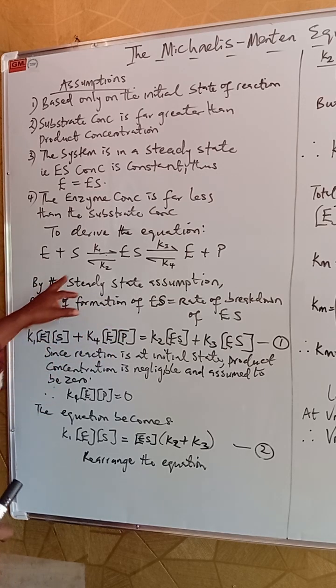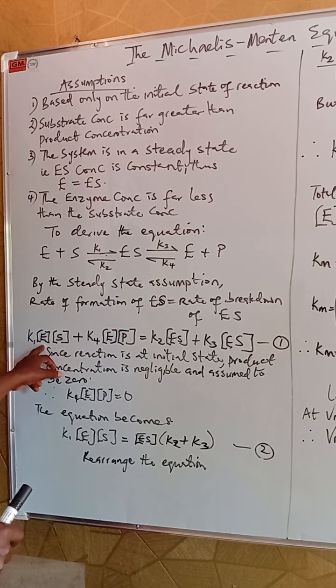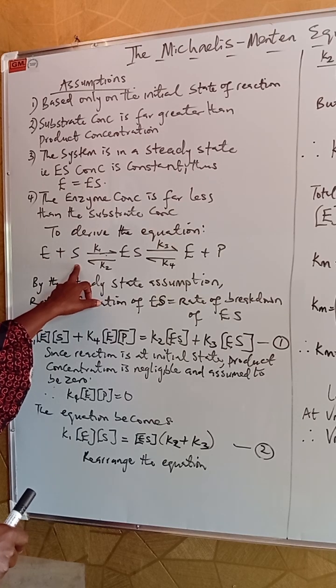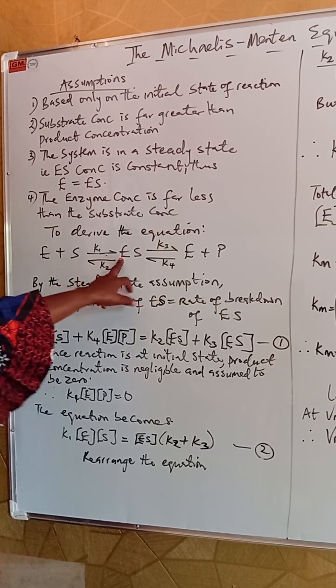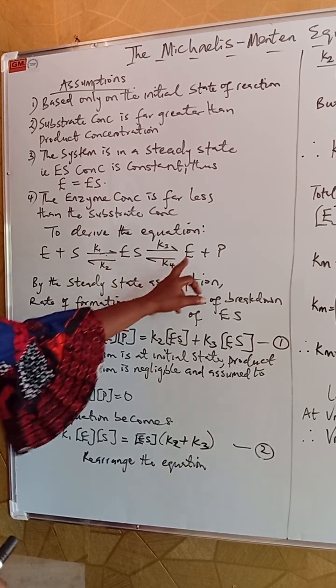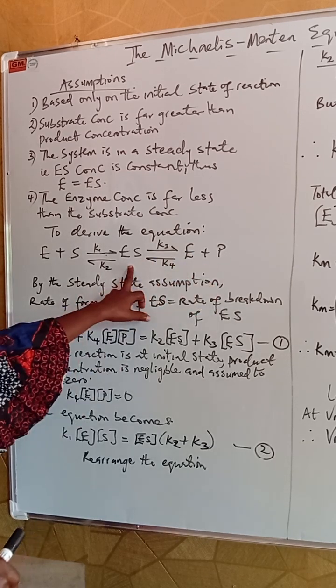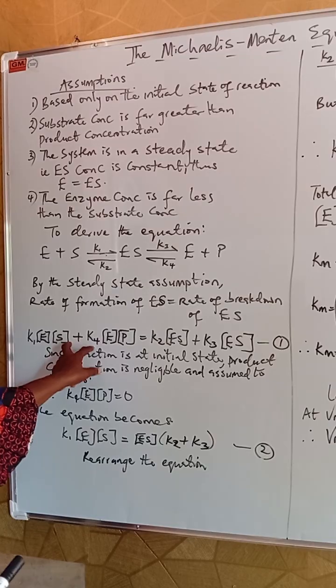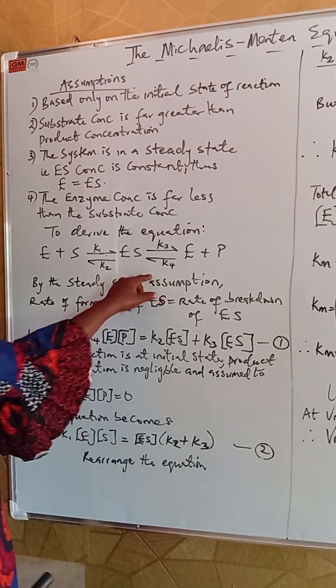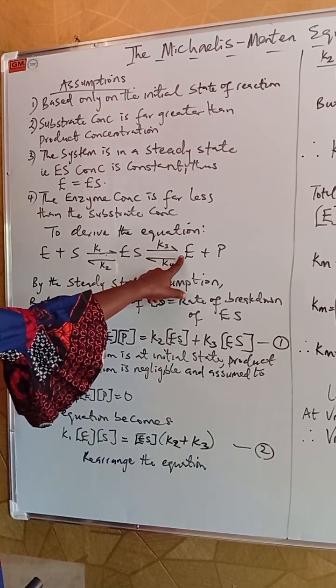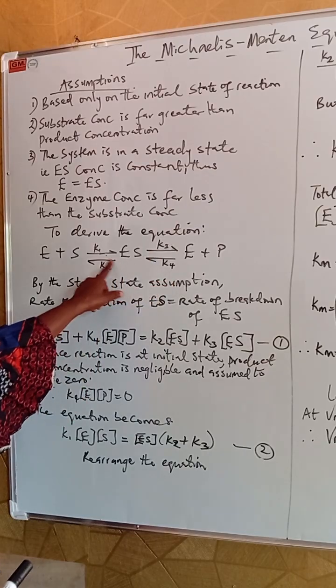mathematically write what I just said, we're going to write K1 E S, which is the formation of the ES, and also K4 E P, formation of ES. If you add the two of them, it should give us the breakdown of ES, which is K3 and K2.